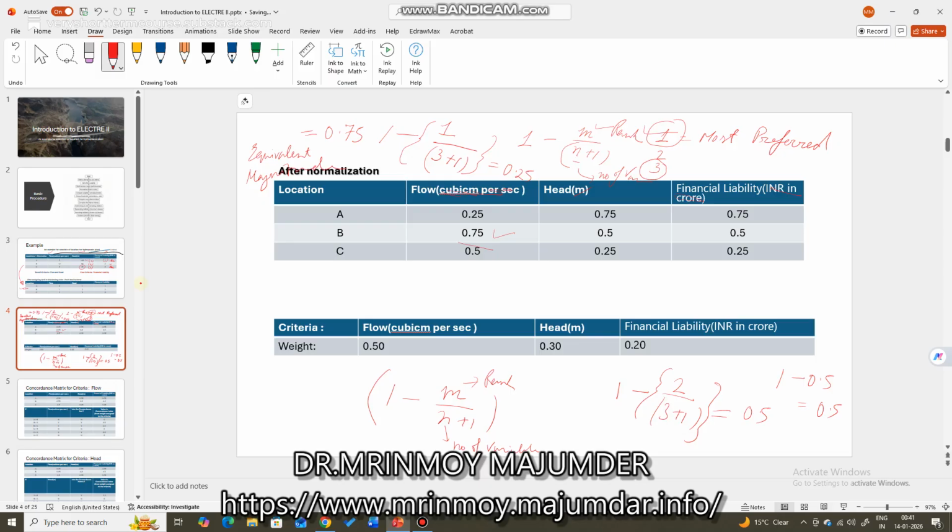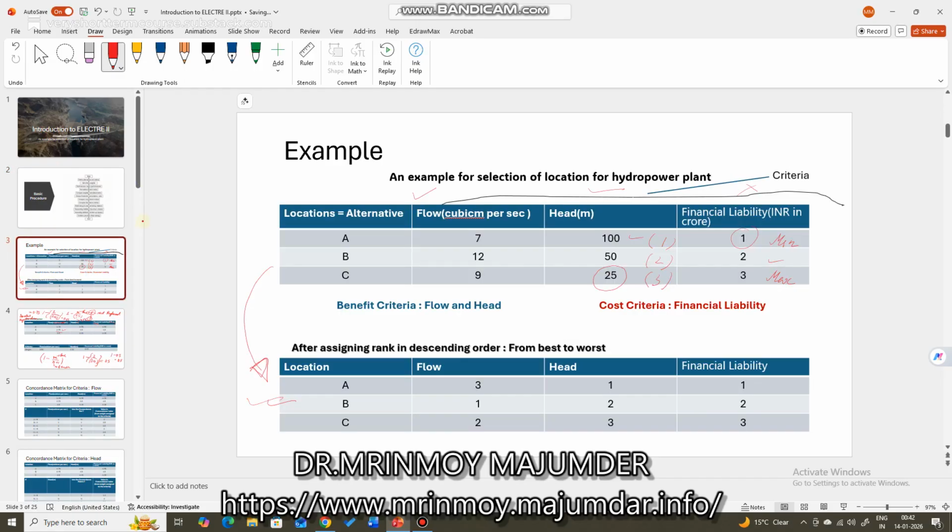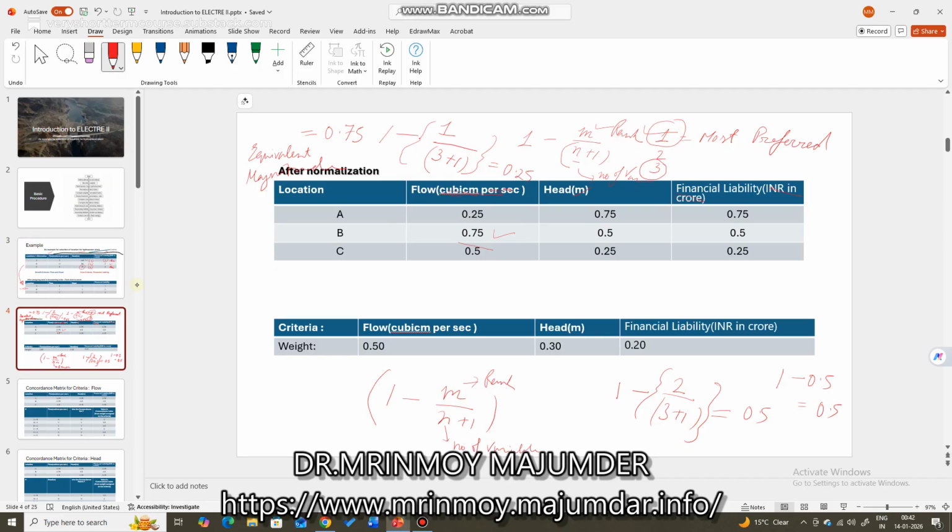Now let us come to the weight. As I have said in the content, set criteria weights. These criteria weights are arbitrarily selected, and it depends on the decision maker. So this is one of the lacunae of ELECTRE II. The weights of the criteria are assigned by the decision maker only.